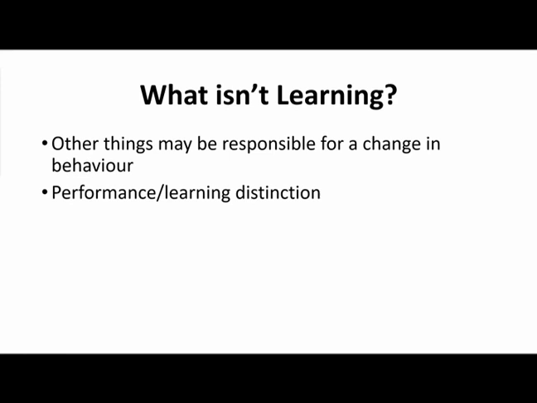That isn't necessarily that they've learned to get it without a chair. It's that they're now tall enough to get into that cabinet without a chair. So we want to have this distinction between performance and learning. So we can see differences in performance for other reasons. Learning is one of the reasons we can see a change in performance, but it isn't the only reason.